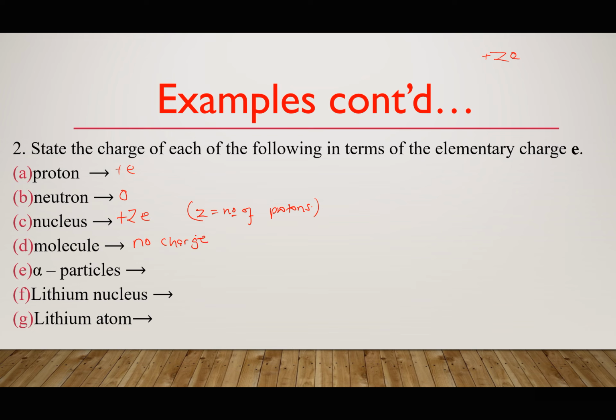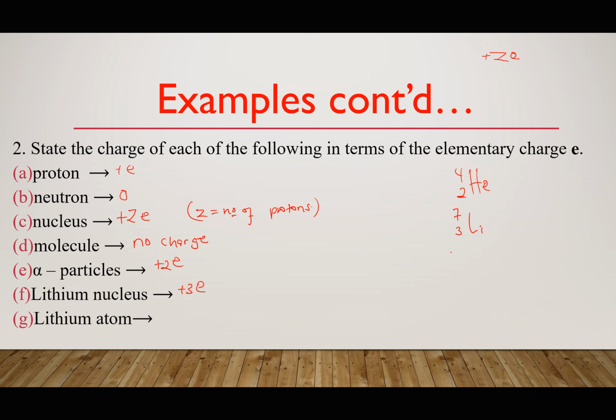Then an alpha particle. An alpha particle is a helium nucleus that we shall see later on. It is He-4-2. It has 2 protons, so the charge is going to be positive 2e, because each proton has charge e. Then a lithium nucleus, Li-7-3. The charge is going to be positive 3e because it has 3 protons.